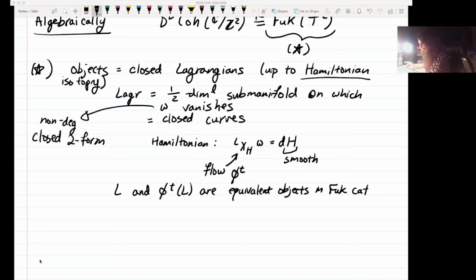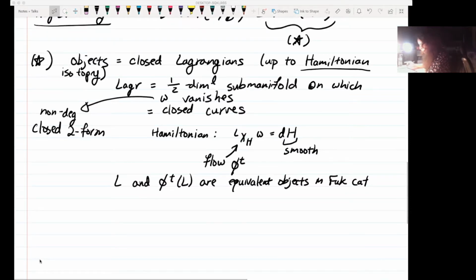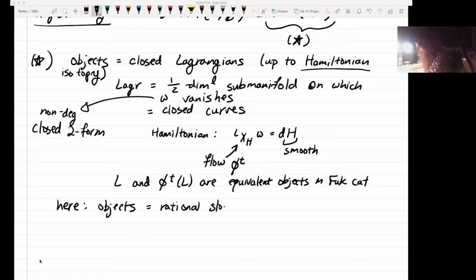So because we're considering up to Hamiltonian isotopy, we can take our objects here to be, since they're closed, rational slope lines.